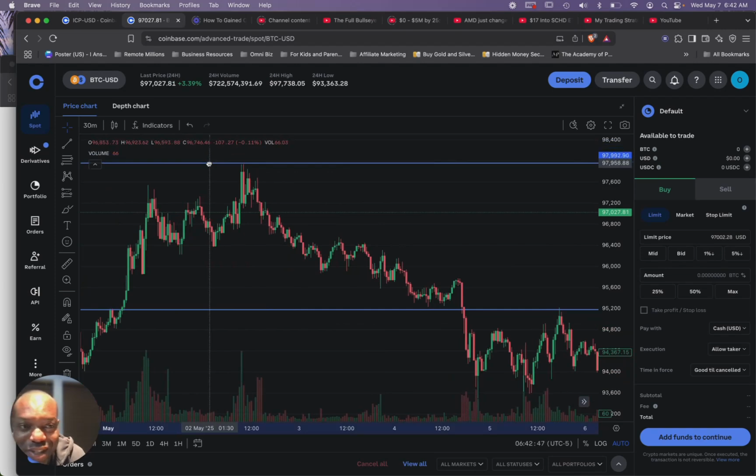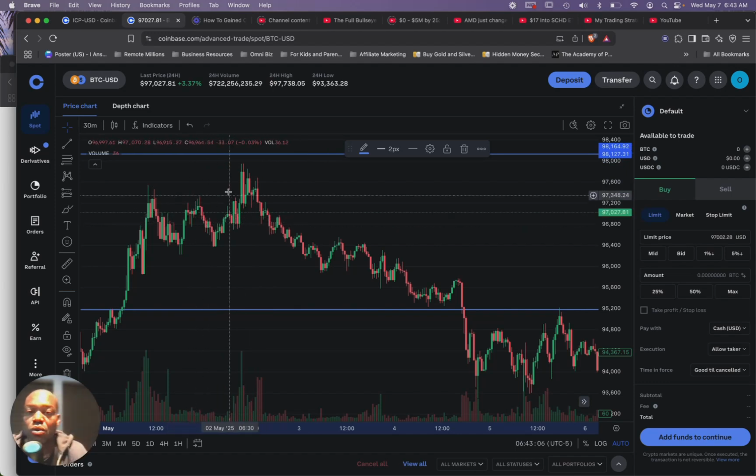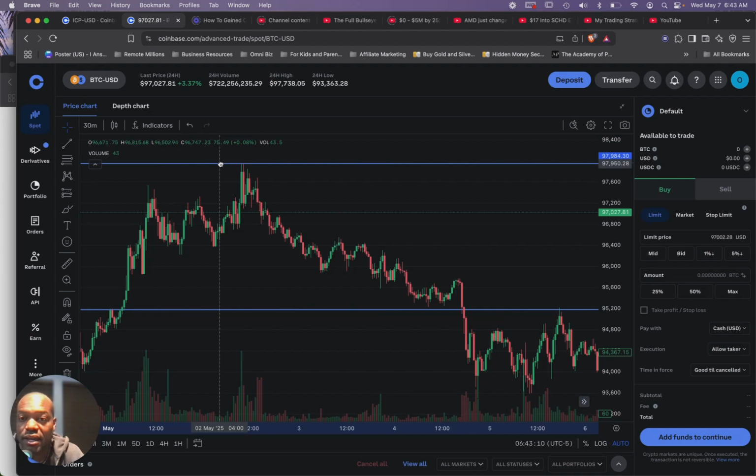So we're going to move this resistance line, and I always go a little bit lower. I don't want to go higher because if my resistance line is higher, I'm going to be waiting on it to get up there, and it's never going to get there. So we want to be more safe and underestimate just a little bit, for me.